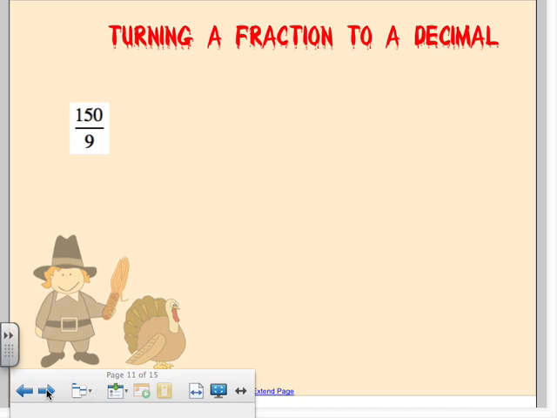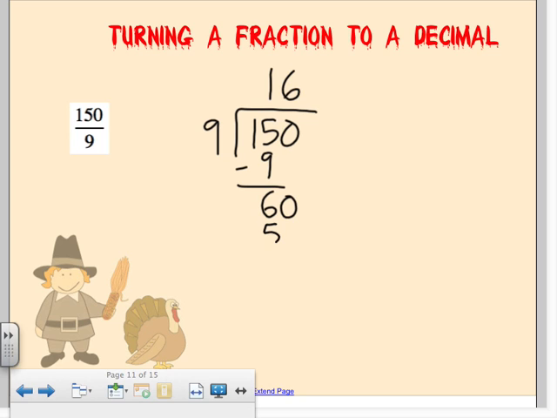All right, so I'm going to pause it, let you go ahead and turn this into a decimal. Okay, you're not turning it into a fraction, turn it into a decimal. And hit play to see if your answer is correct. So remember to divide the numerator by the denominator. Only goes in one time. 6 times. And at this point, if we were going to do the fraction, I would do 6/9, right?